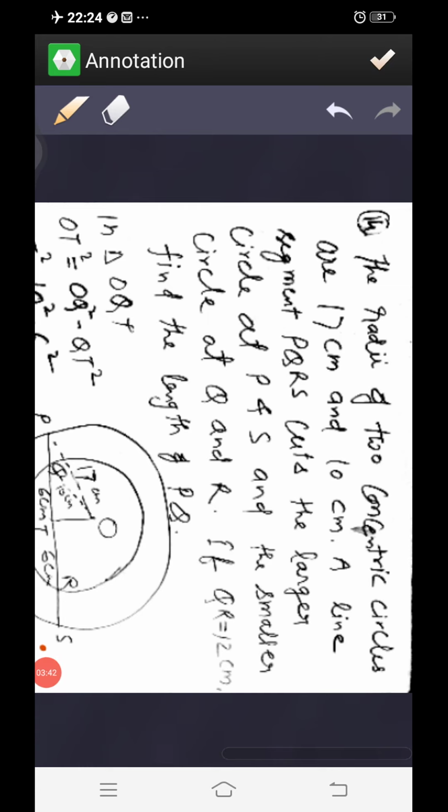Let us take question number 14. Radii of two concentric circles are 17 centimeter and 10 centimeter. A line segment PQRS cuts the larger circle at P and S and the smaller circle at Q and R. If QR equal to 12 centimeter, find the length of PQ.